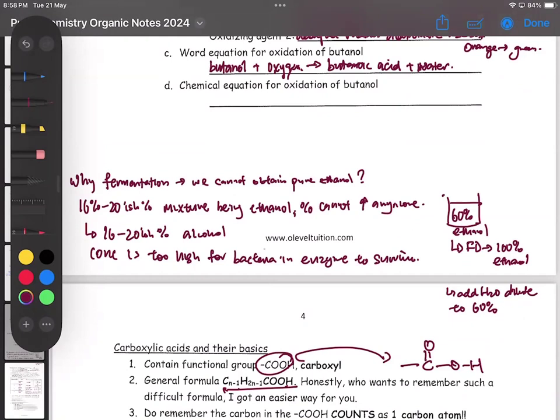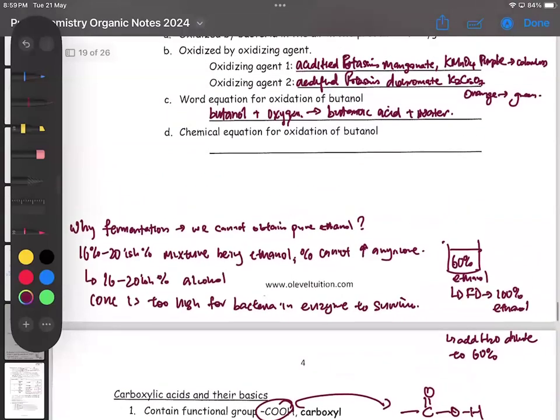Basically, you produce so much alcohol that the environment becomes inhabitable for the enzyme, so the enzymes get killed by it. So how do you go beyond that? Because beyond that, the enzymes cannot do it anymore. So we will do fractional distillation to get pure ethanol, and then we add water to dilute to the percentage that we want. Okay, so please help me jot this down.